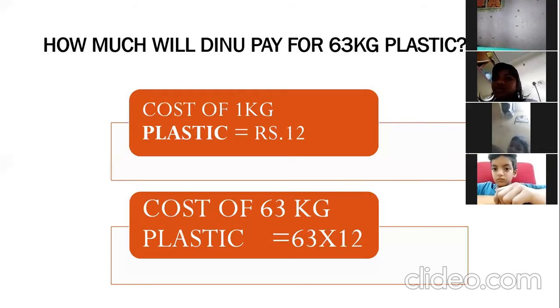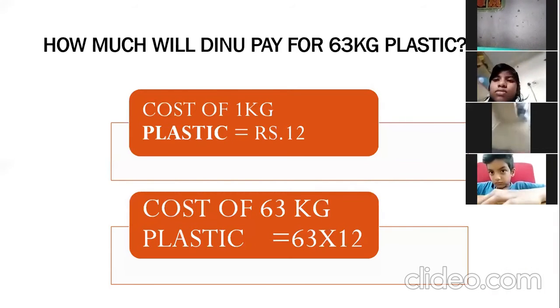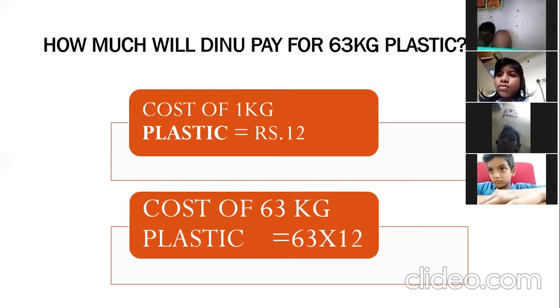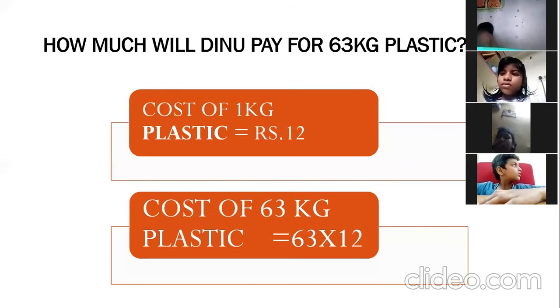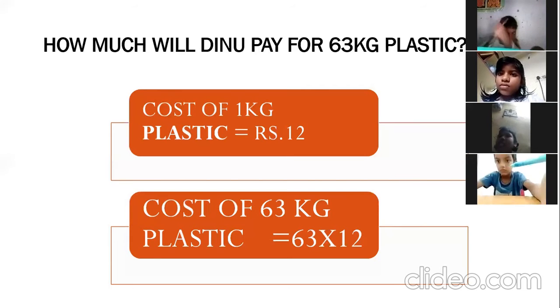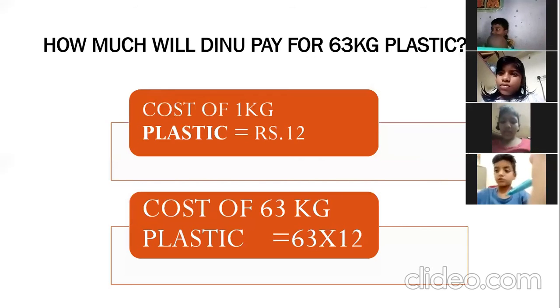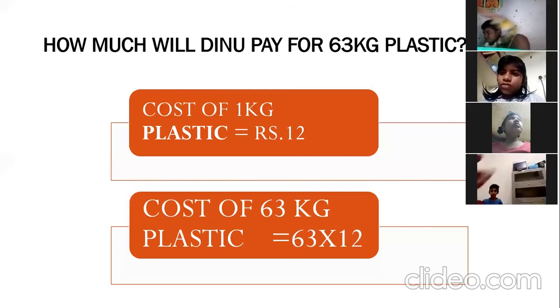Third question: cost of 1 kg plastic is 12 rupees. Then what is the cost of 63 kg plastic? 1 kg is 12 rupees, 63 kg will be 63 into 12.